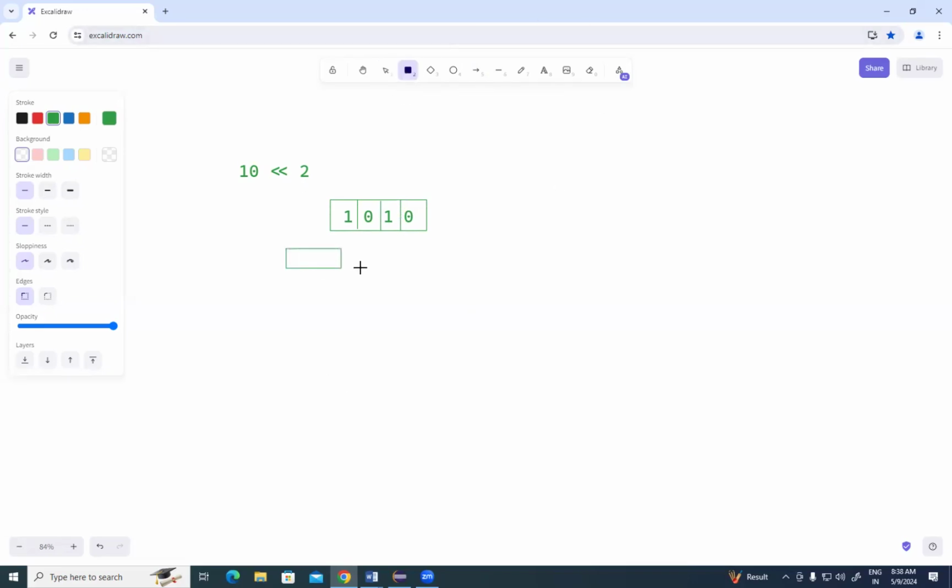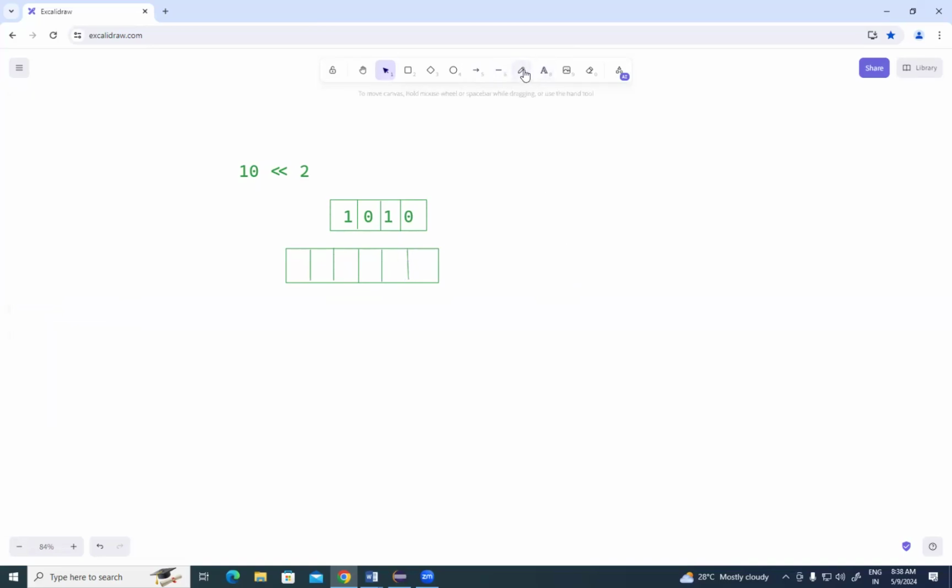Take a bigger array. Add 2 spaces to the left. And then folks observe it. Folks, I'm talking about which shift? Left shift now.